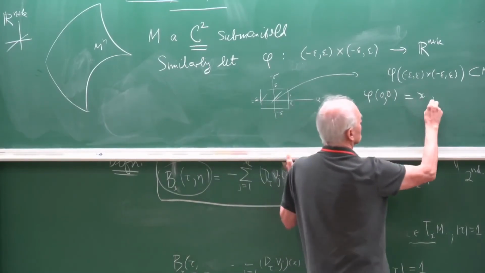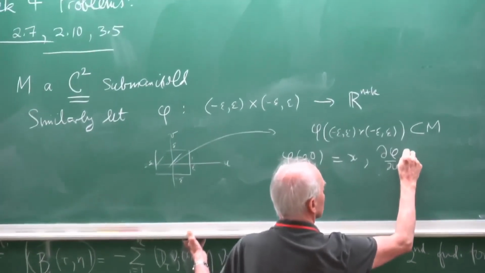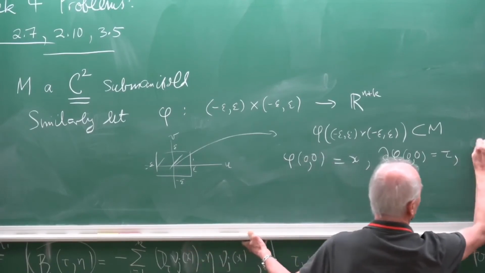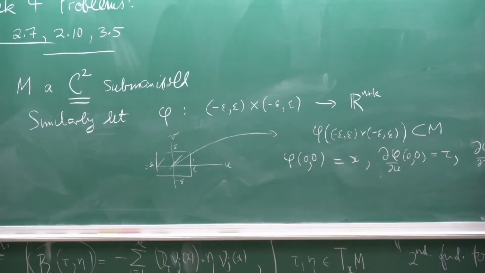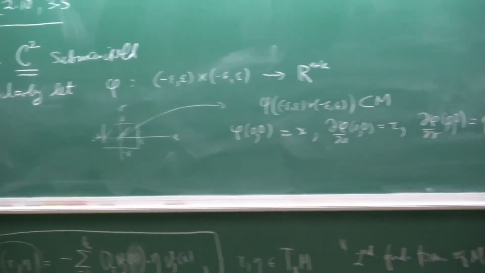And we want the partial derivative of phi with respect to u at (0,0) to be equal to the given vector tau, and we want the partial with respect to v at (0,0) to be equal to the given vector eta, because we want to work out this second fundamental form at tau, eta. And again, take these to be of length 1 so that we don't have to worry about scaling factors.